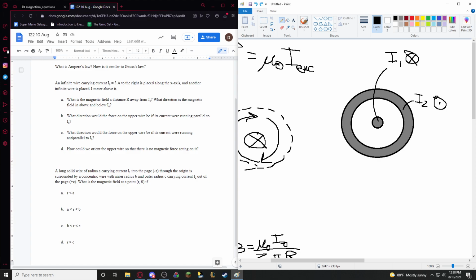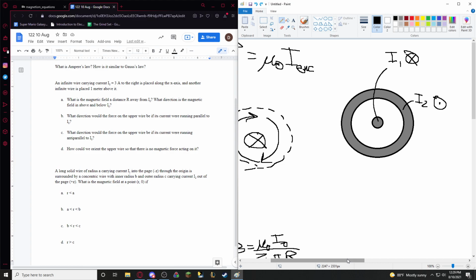What would the magnetic field be between A and B? So in this space here. I believe you only need to worry about the magnetic field being produced by I1, which should be clockwise. Well, you also have to take into consideration the magnetic field generated by I2.